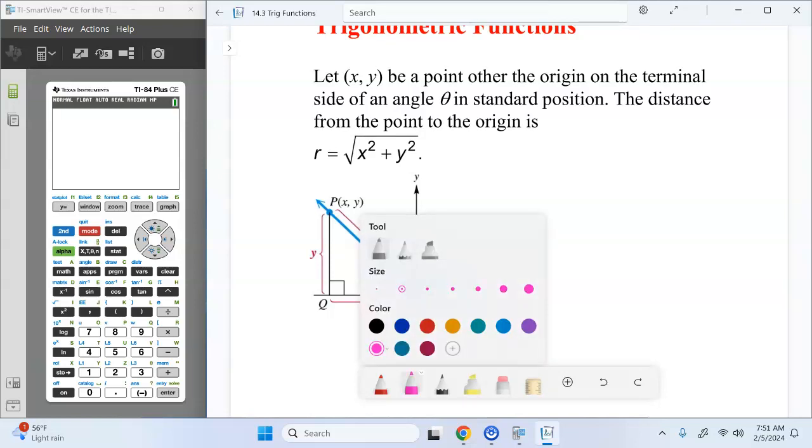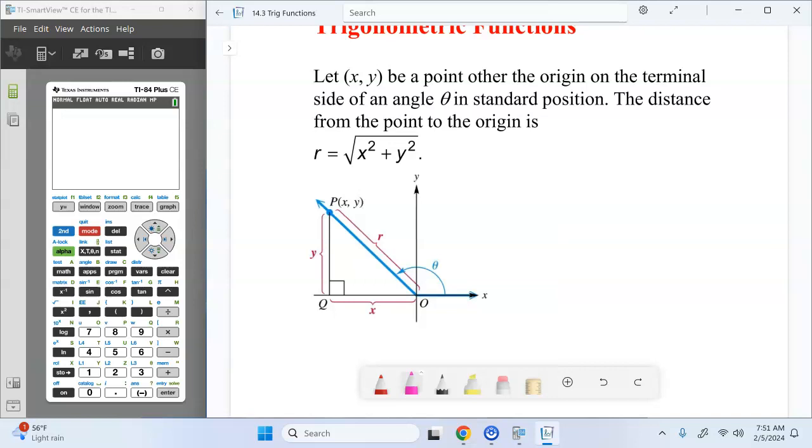So if we have this point right here, any given point, and it's on the terminal side of the angle in standard position, we have some amount of rotation right here. We use the Greek letter theta to represent the measure of that angle. That little zero with a line through it is theta, the measure of any angle.